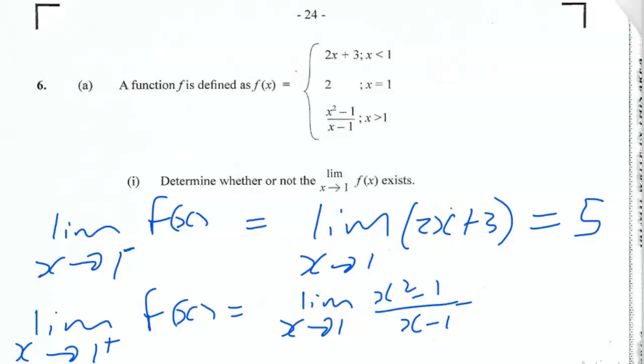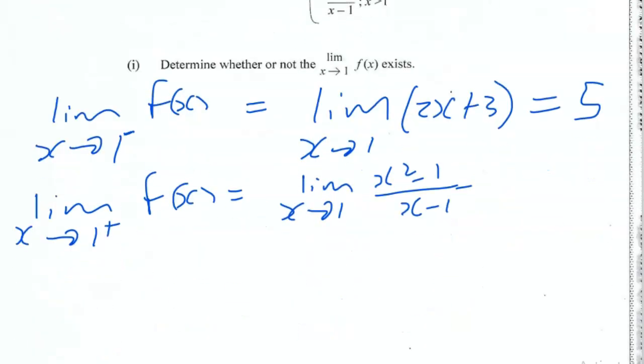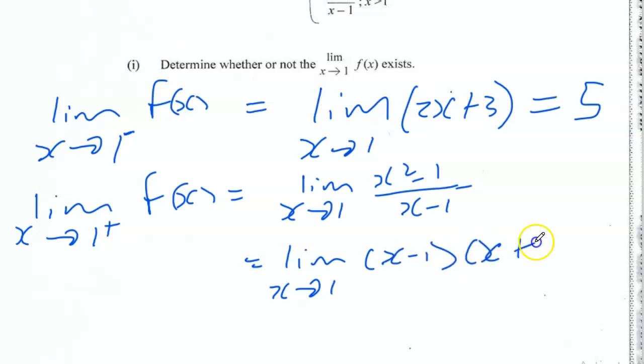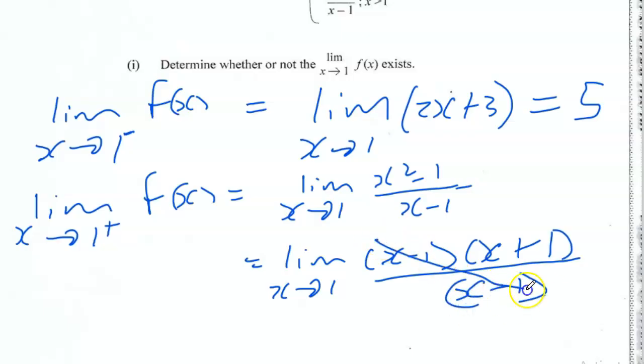To find this limit, we can factorize the numerator, the difference of squares. That's x squared minus 1 squared, so that's x minus 1, x plus 1 upon x minus 1. Notice x minus 1 into itself, let's cancel. I have x plus 1 here. We substitute 1, we end up with 1 plus 1, 2.